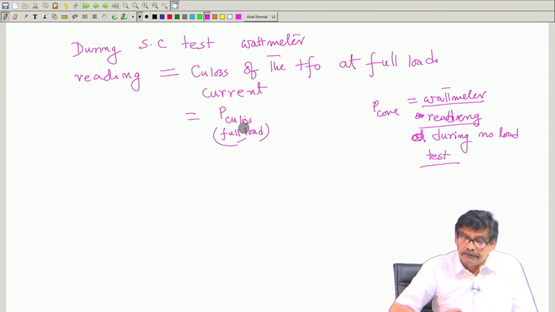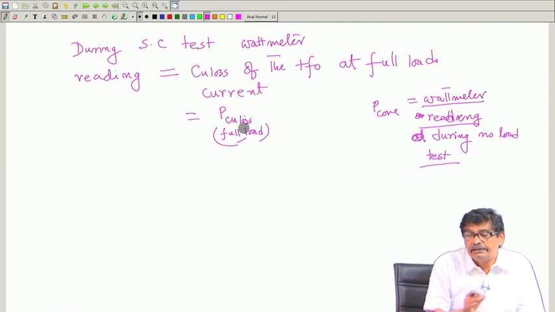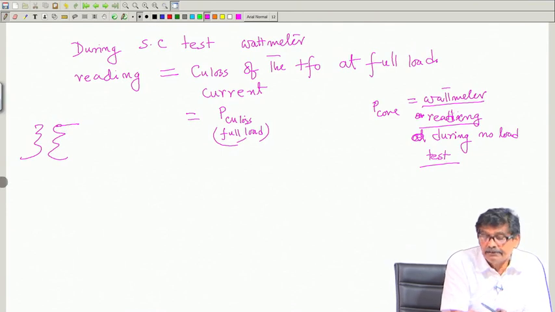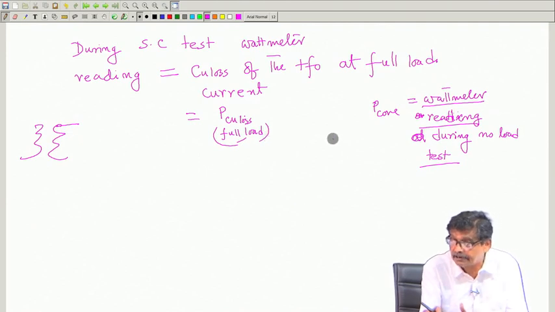Got the point? Now, I am asking you a straight question, if the windings are carrying rated current, then what will be the total copper loss?